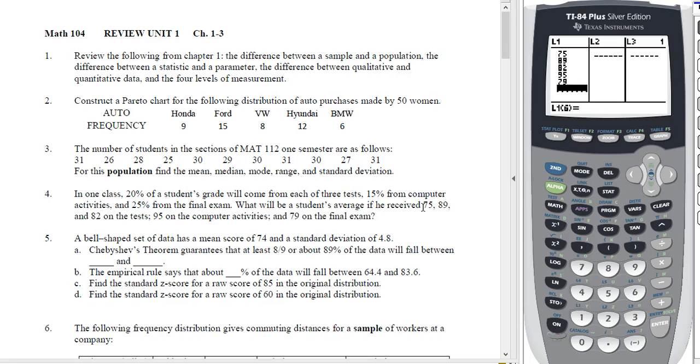Then list 2, arrow to the right, we want to put the percentages, and you can put them either as a decimal or as a whole number percent. I'll just use the whole number percent.